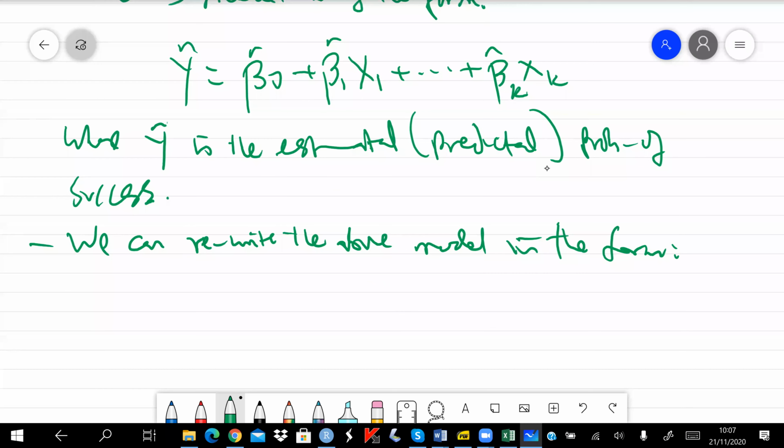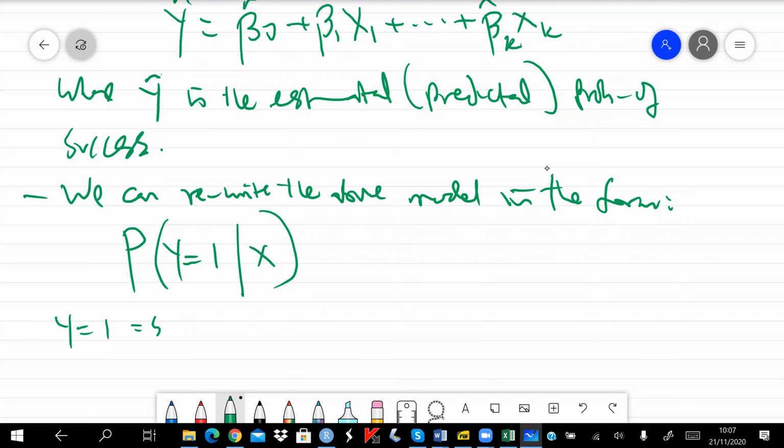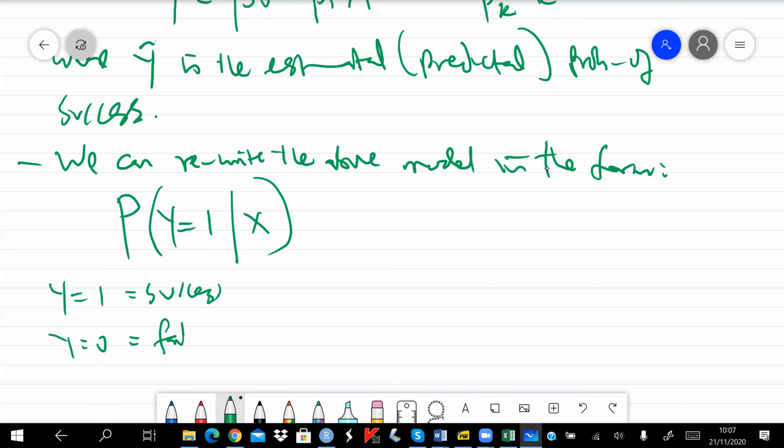So we can write it like this: the probability that y is equal to 1, given the data. So this is a probability of success. Remember, y is equal to 1 is the success, then y is equal to 0 is the failure. So we're talking about the probability of success if the data is given.